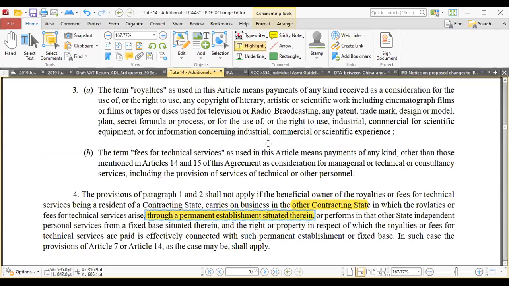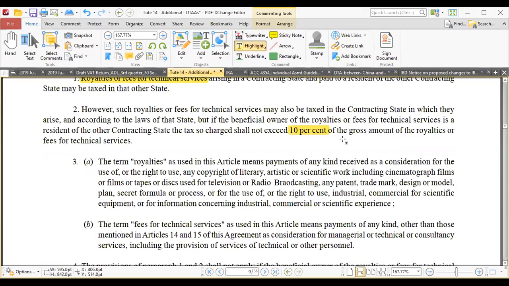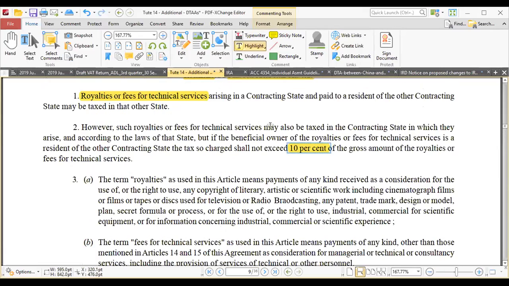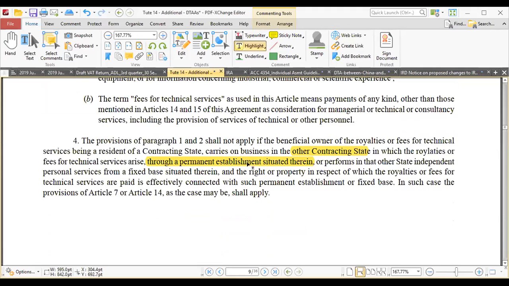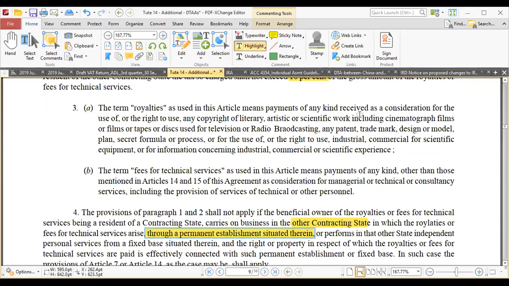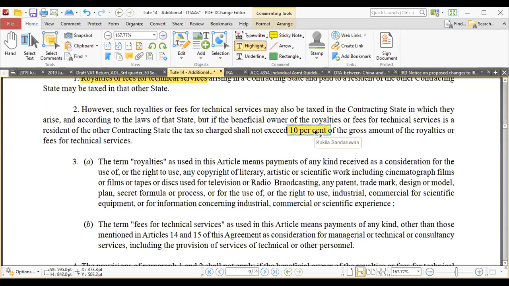See this wording. Anyway, you know that 10% is as per the royalty. But Article 4 says, if there is a PE, and Hera is having an agency PE, in that case they have to compute the profit instead of taking 10%.